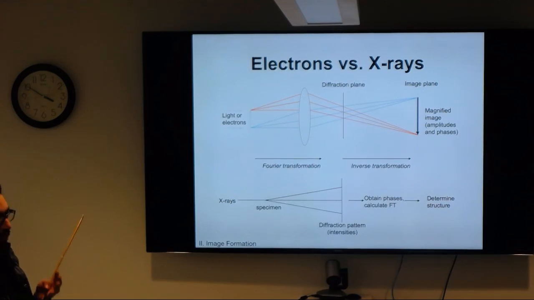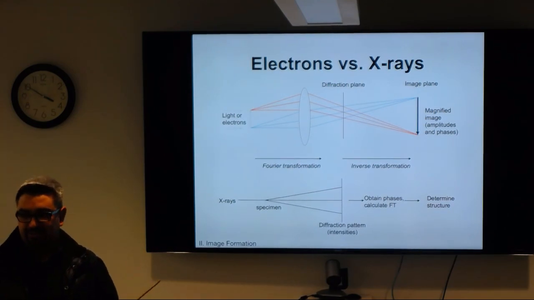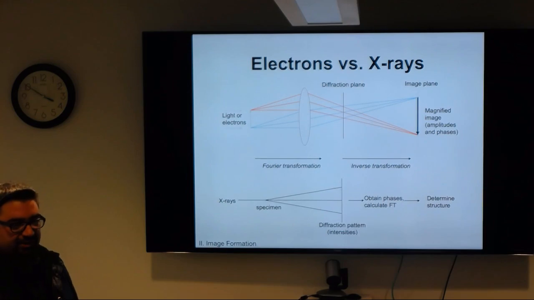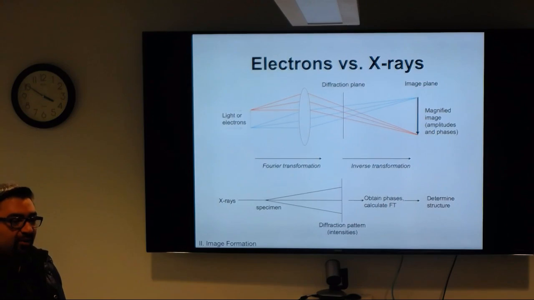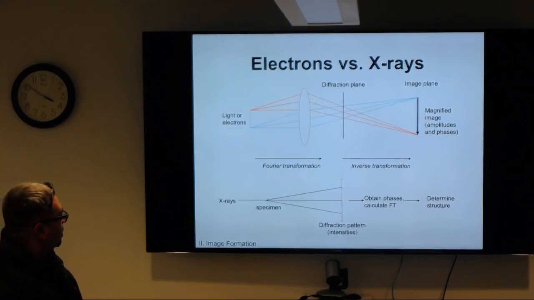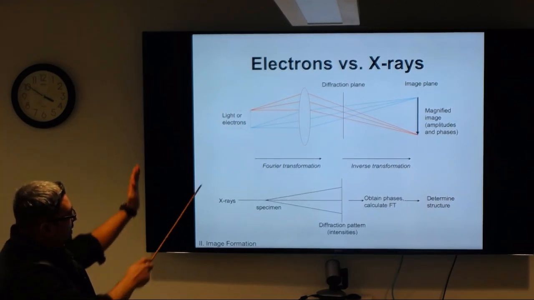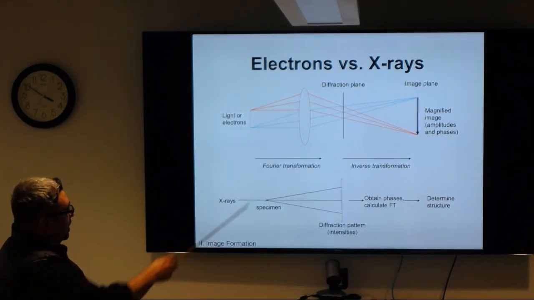One of the major differences between EM and X-ray crystallography is that EM has a lens which can focus the electrons. With X-ray crystallography, there is no lens. And because of that, we lose the phases, okay? This shows the lens.